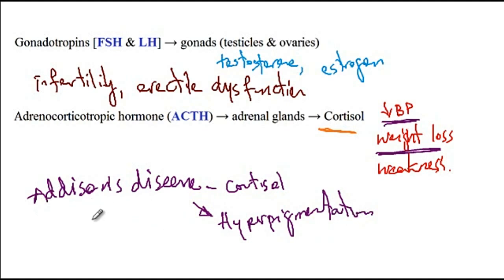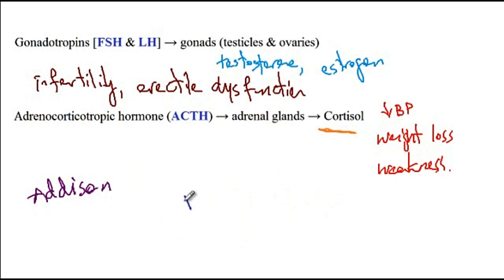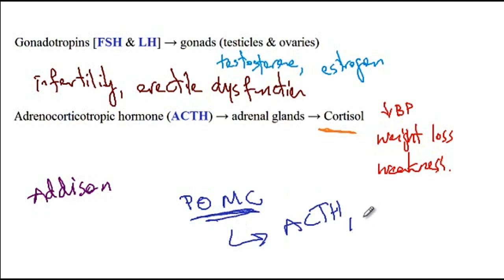The reason for that is that since there is now a low level of cortisol, there would be a positive feedback on the anterior pituitary to increase the production of ACTH. ACTH itself is produced from a precursor protein called pro-opiomelanocortin. This pro-opiomelanocortin, in addition to ACTH, also produces beta endorphin as well as the melanocyte stimulating hormone.